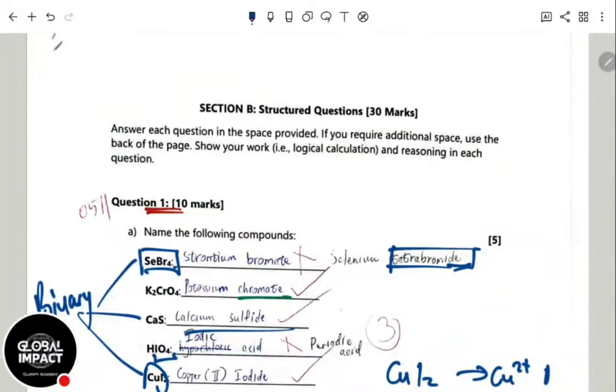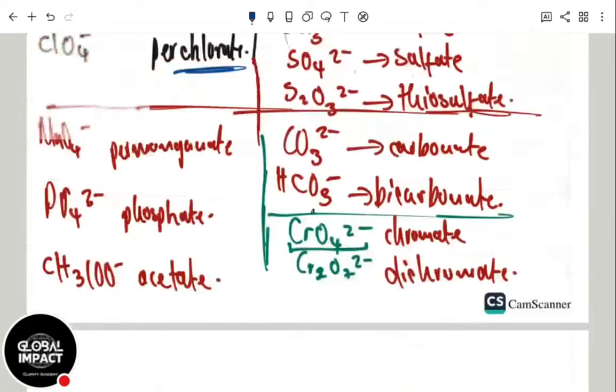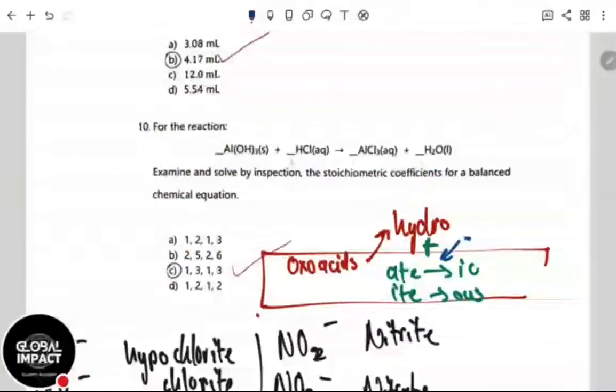It is going to be hydroperiodic acid. For ate, we know that it becomes ic. Okay? Because you just clearly stated that the H should be the ic.